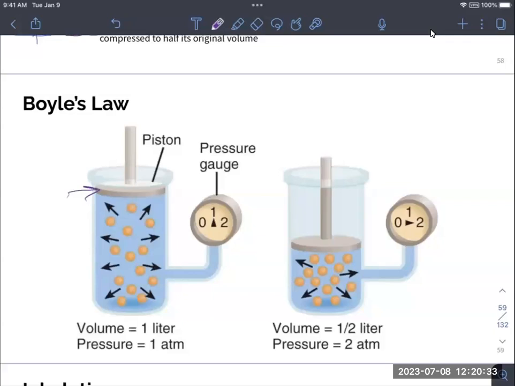But if we push this piston down, all of these air particles have less space to move in. There's less volume in there, so that pressure is a lot higher. It's a whole 1 atmosphere difference from the first picture.